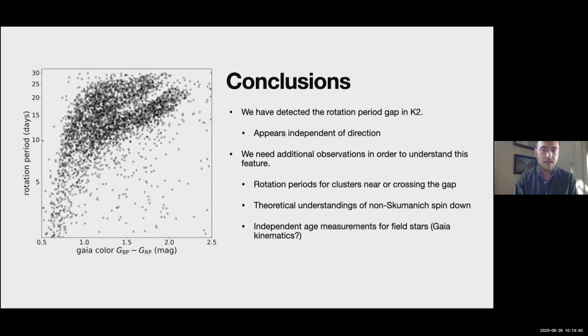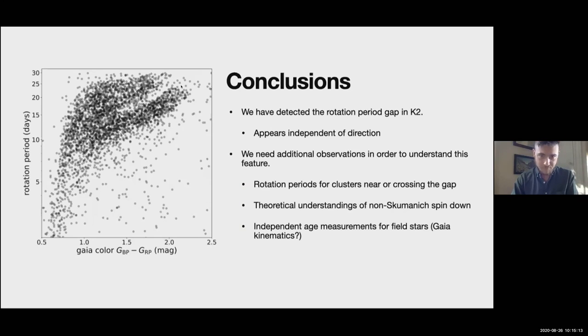using K2. Now I just want to highlight that our observations don't have the ability to discriminate between different possible scenarios for the existence of this gap. We actually need additional observations for that. One observation that would be really helpful would be having rotation periods for clusters that are near or even crossing that gap, so that we could see how the shape of those gyrochrones changes as those clusters age.